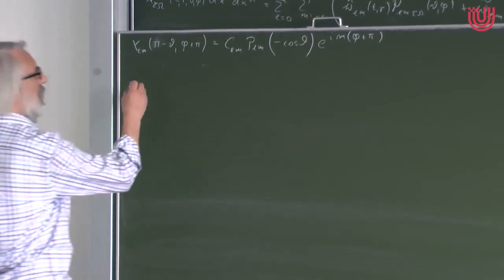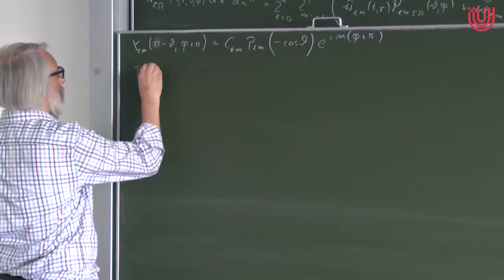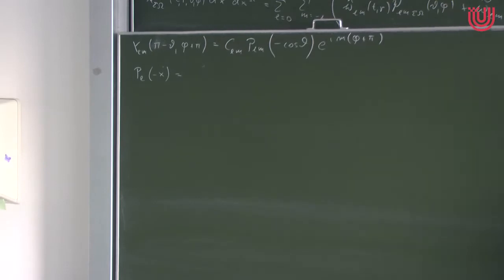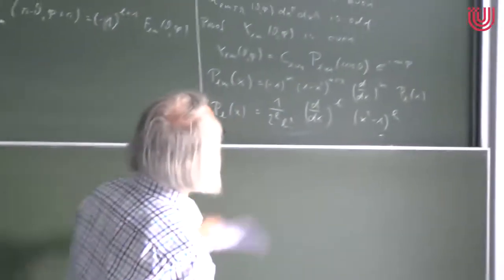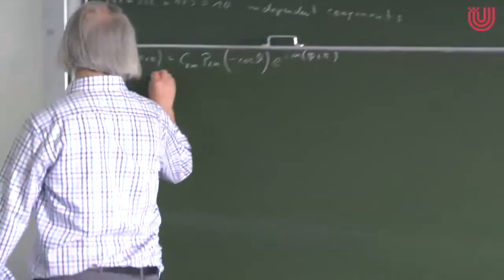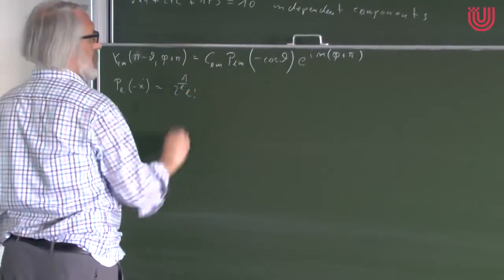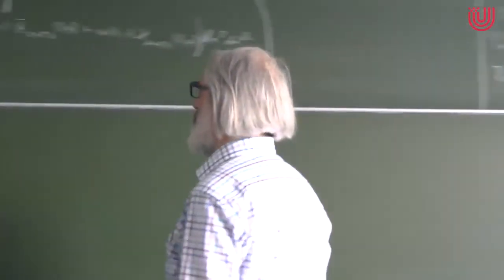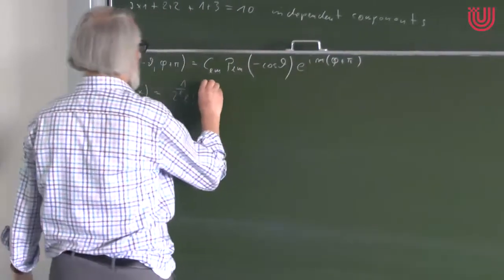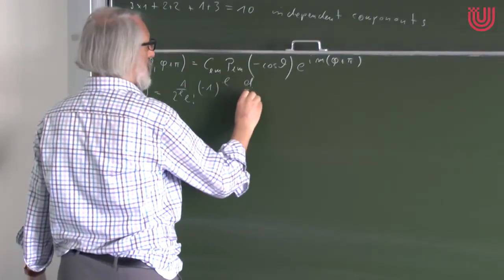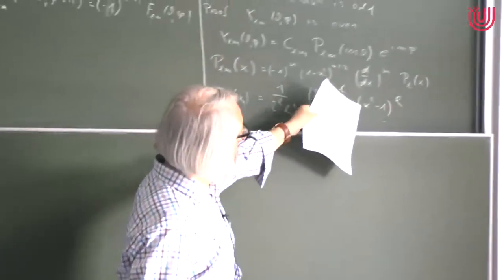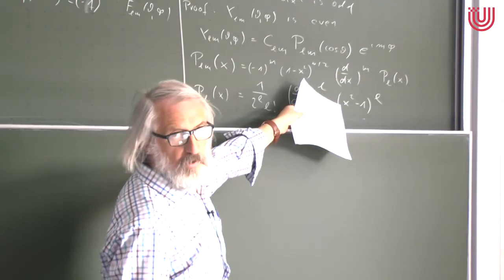So let's see. P_LM, okay, I have to do it step by step. P_L of minus x, what is that? Let's look at this equation here: 1 over 2^L L factorial. Here, if I replace x by minus x, I get (minus 1) to the power L. And here it doesn't matter, because it's a square. The square of x is the same as the square of minus x.